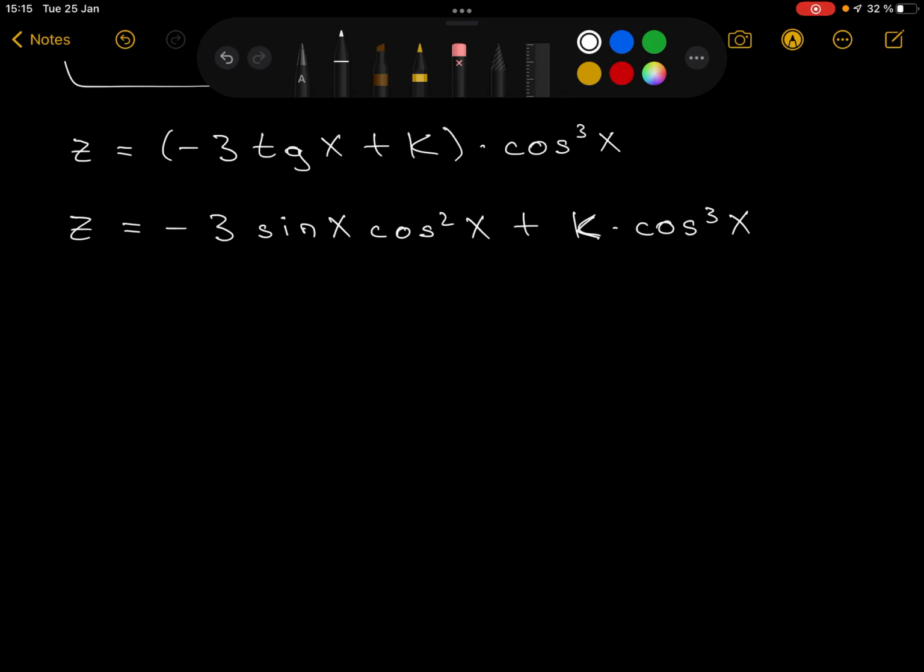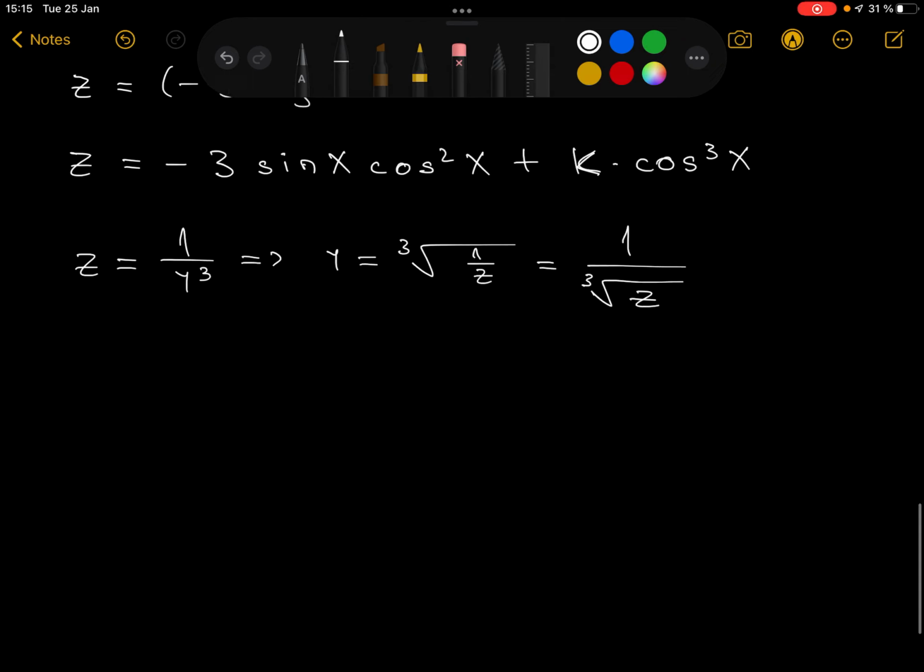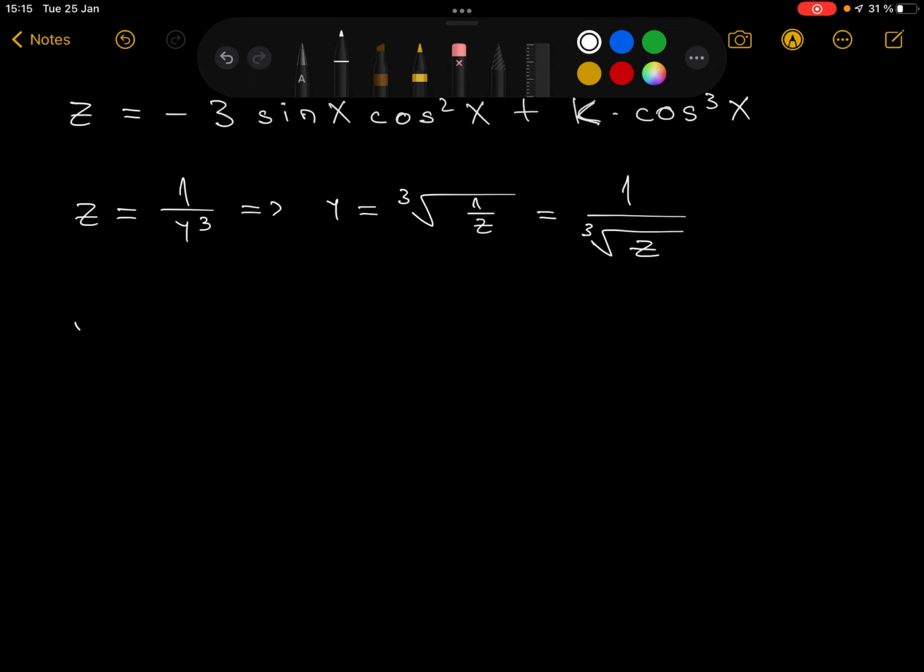So it follows from this that y is equal to the cubic root, the third root of 1 over z, which is just 1 over the cubic root of z.